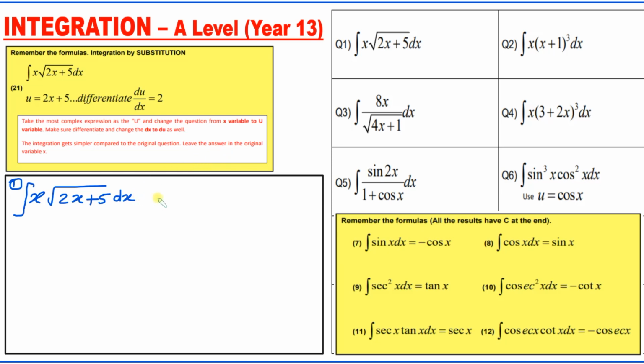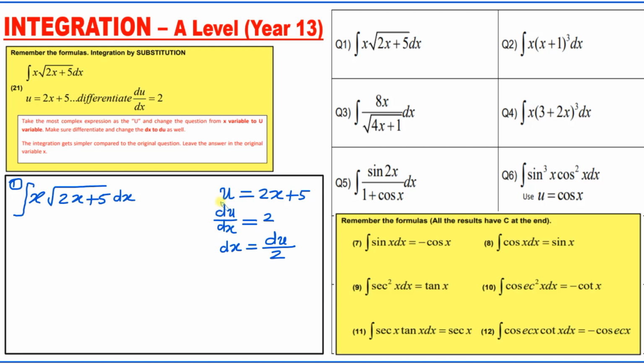Let's look at this question. I'm going to take u as the most complex part, 2x plus 5. Now you can differentiate: du by dx is 2. So you can cross multiply and find dx: dx is equal to du divided by 2.